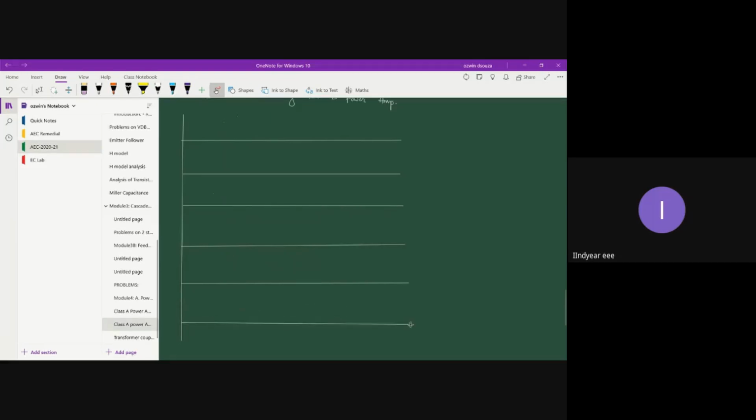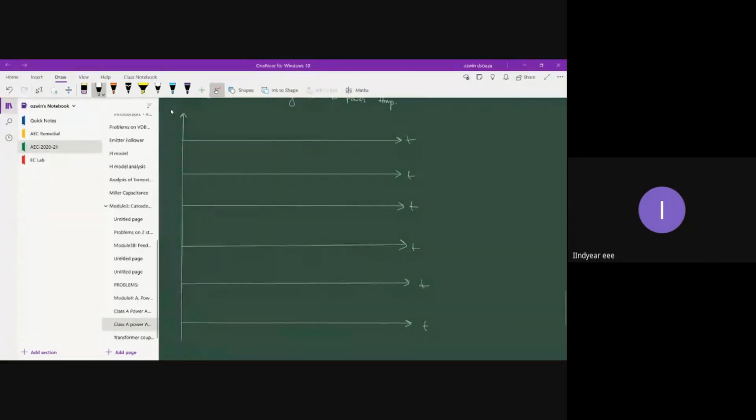Let me mark the x-axis. X-axis is going to be the time axis, and then we have the y-axis. We have multiple signals along the y-axis.